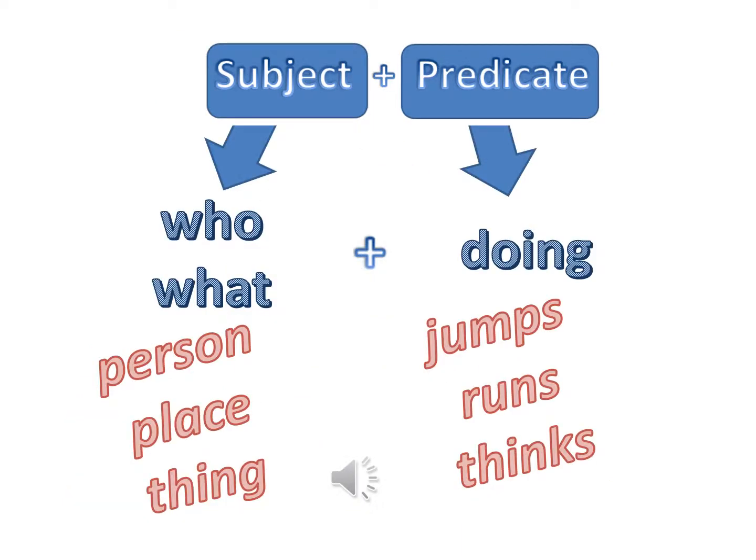So here's a reminder. The subject can be a who or a what. So it can be a person, a place, or a thing. The predicate tells what the subject is doing. So the subject could be jumping, running, thinking.